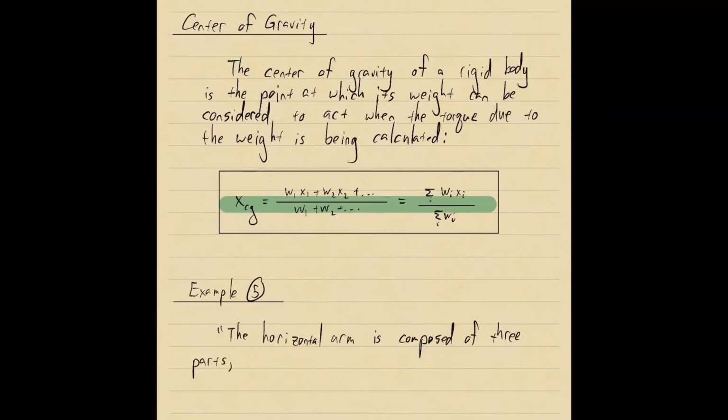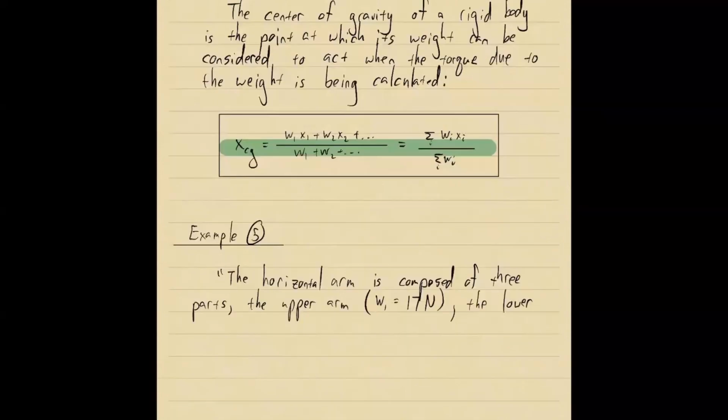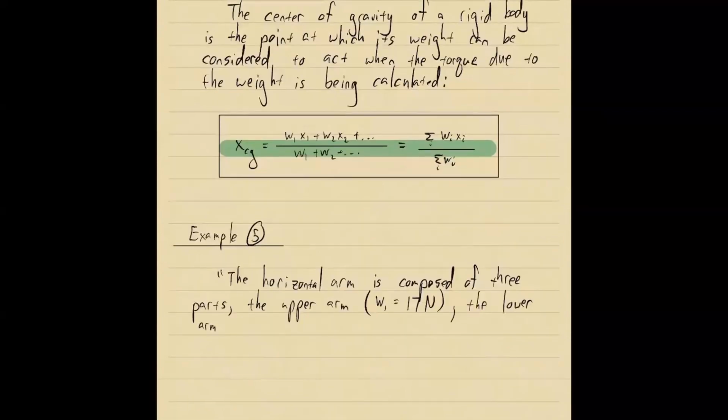The upper arm, which the problem tells us has a weight W1, magnitude of 17 newtons. The lower arm, which has a weight W2, magnitude of 11 newtons.